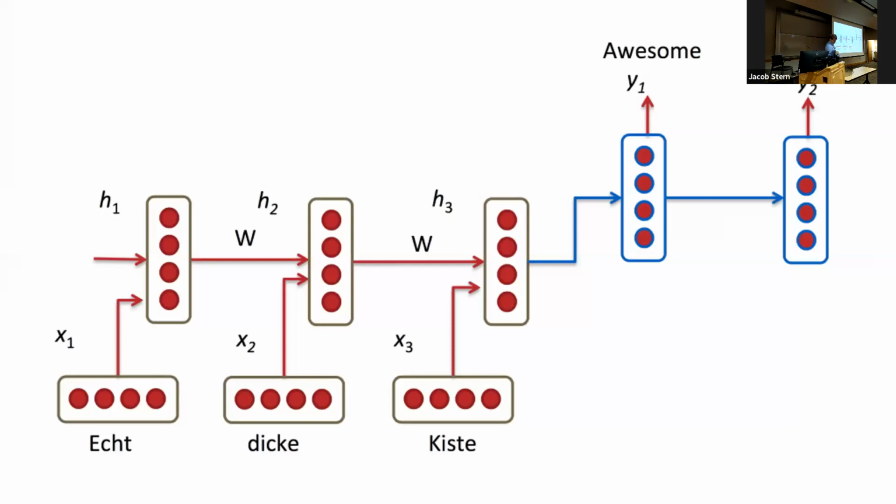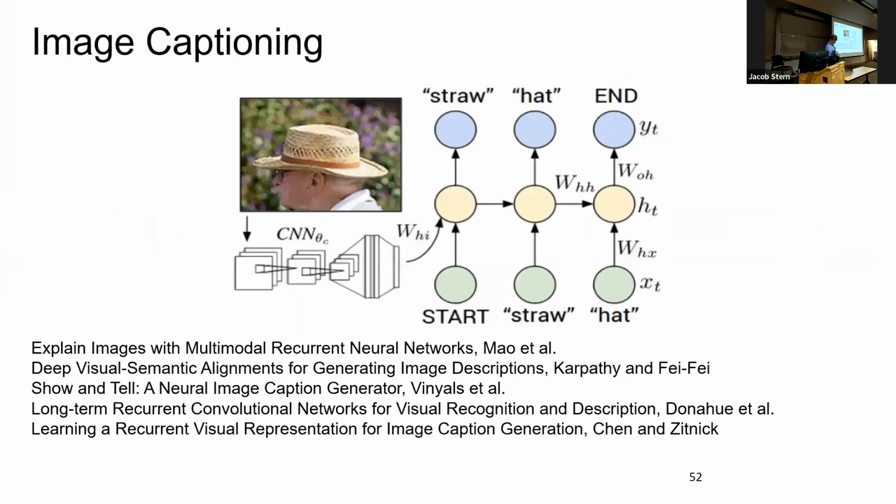Yeah, that's just another example of translation. Okay, so we talked about how this H vector, we're going to initialize it to be 0 or randomly initialize it. Well, here's a case where we want to condition our recurrent neural network on something. And that hidden state vector provides a nice place to put that conditioning information.